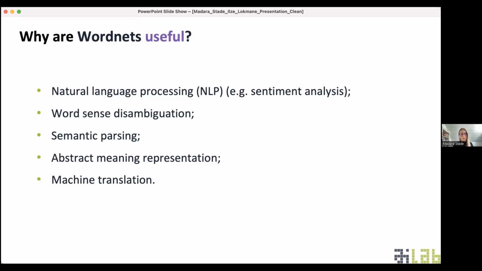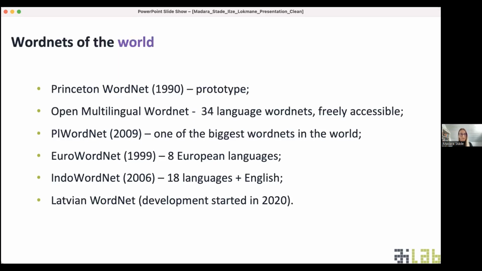You could also use it to represent abstract meanings or train machine translation tools, which is also what has been mentioned today before, and which is also very important. Quality machine translation is actually very hard to achieve. So this could be a probable development in that area.